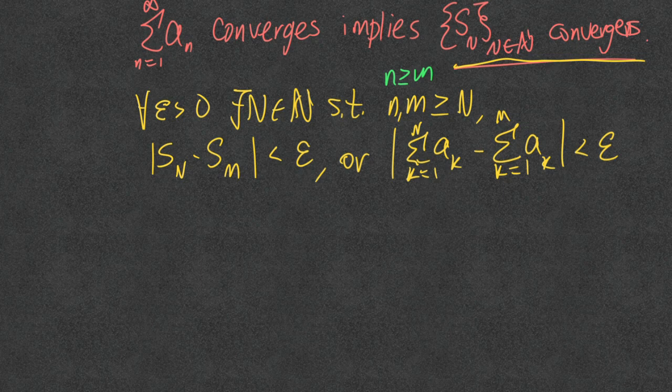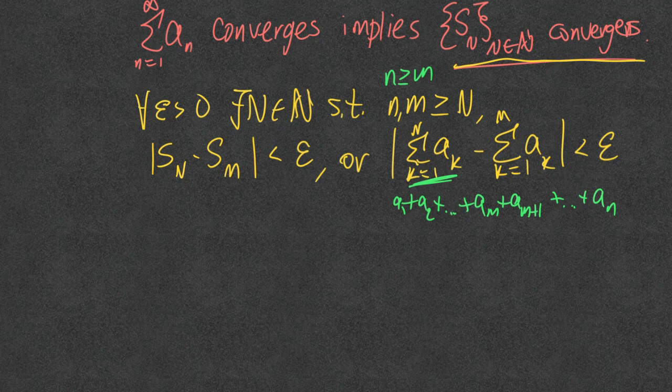Essentially what we have here is a sub 1 plus a sub 2 plus and so on, all the way up to a sub m plus a sub m plus 1 plus and so on, plus a sub n. That's this first term right here. And what we're doing is subtracting off every single term up to m.